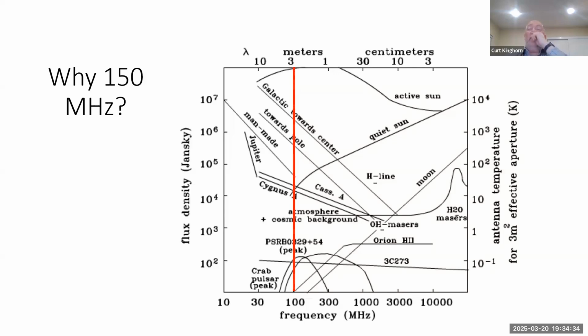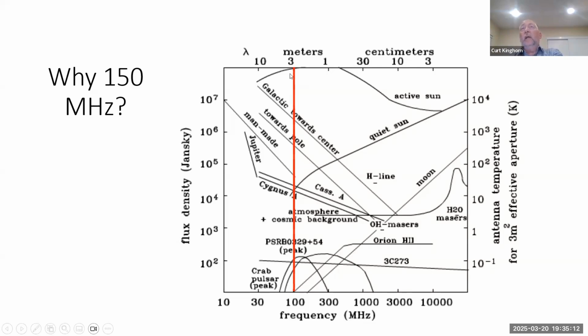One of the things that's intriguing about 150 megahertz is that when you're not looking at atomic transitions like you are at the hydrogen line, you're just looking at thermal radiation, bremsstrahlung radiation, or synchrotron radiation. The things you're looking at are much brighter at lower frequencies, as this chart shows.